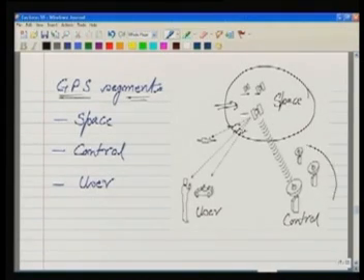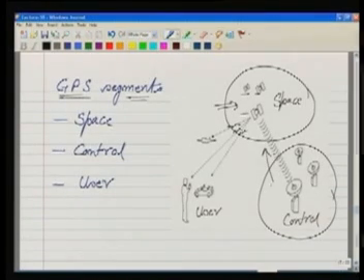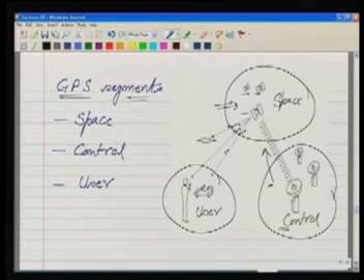Then in the case of the control segment, the monitoring of the satellites, recording of the ephemeris, transmitting the ephemeris to the satellites, all these are part of the control segment. Then finally the user segment. Well, the user is receiving the signals on his receiver. The receiver could be handheld, could be on a car, could be on a tripod, and the user is doing all the computations in order to arrive at his location.